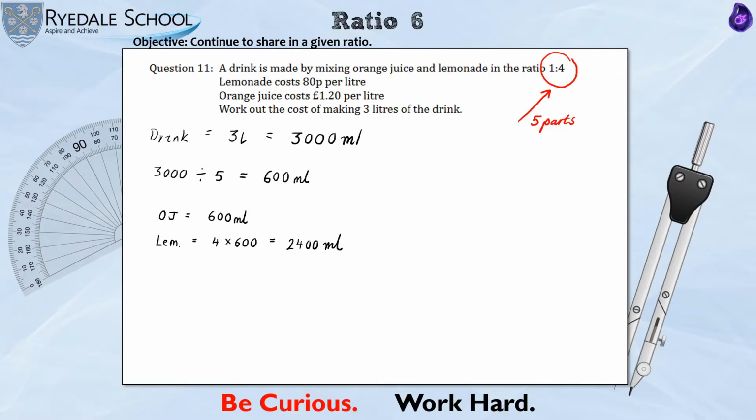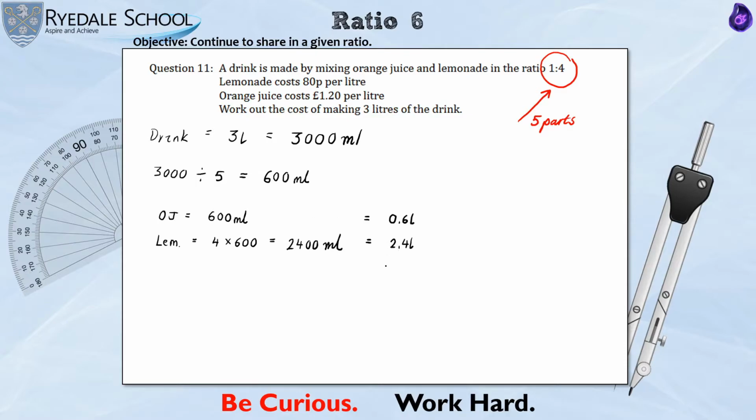Now we have the cost per litre. These are in millilitres, so I'm now going to turn them back into litres, and I get 0.6 litres and 2.4 litres. You could have bypassed turning it into millilitres and gone straight from 3 to 0.6 and 2.4. It all depends how comfortable you are dividing and ending up with decimals.